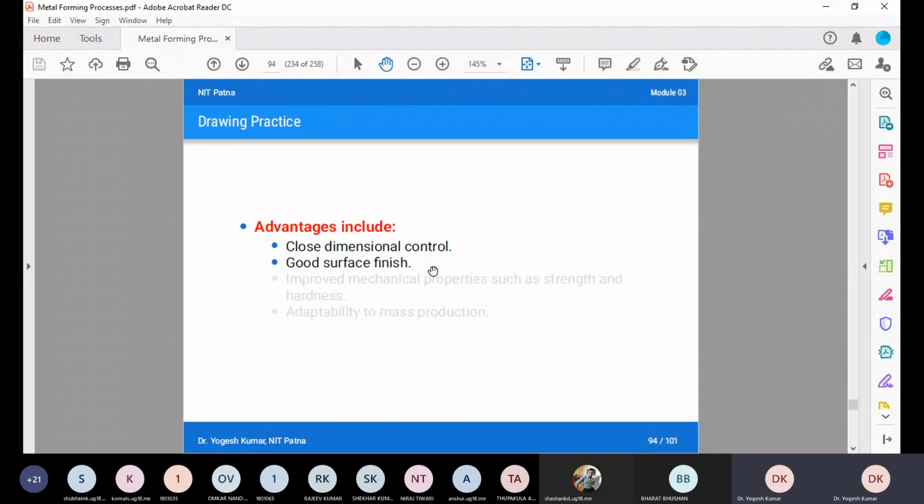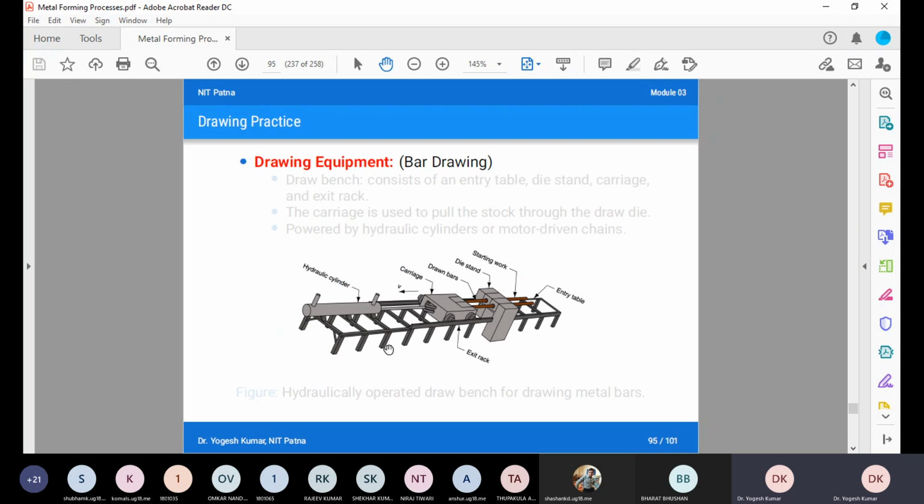The surface finish is very high in the case of products which are produced using the drawing process. There are improved mechanical properties such as strength and hardness, and the drawing process can be easily used for mass production. Okay, so these were the major advantages of the drawing process.